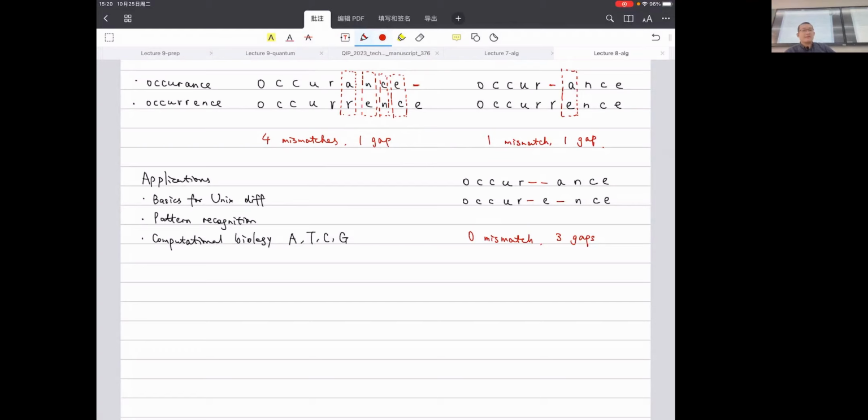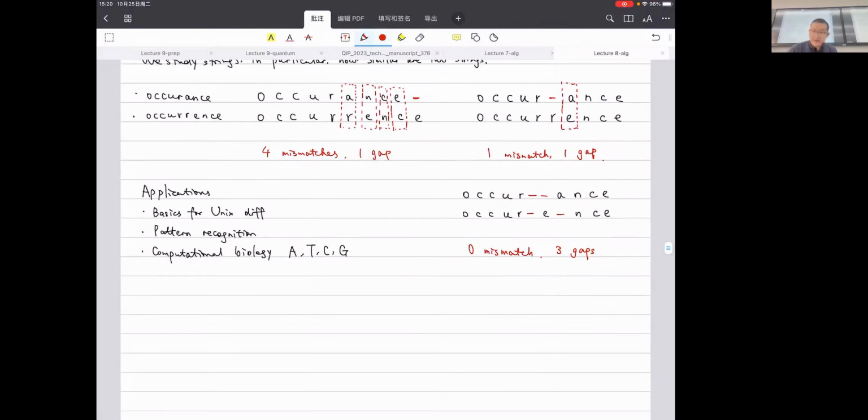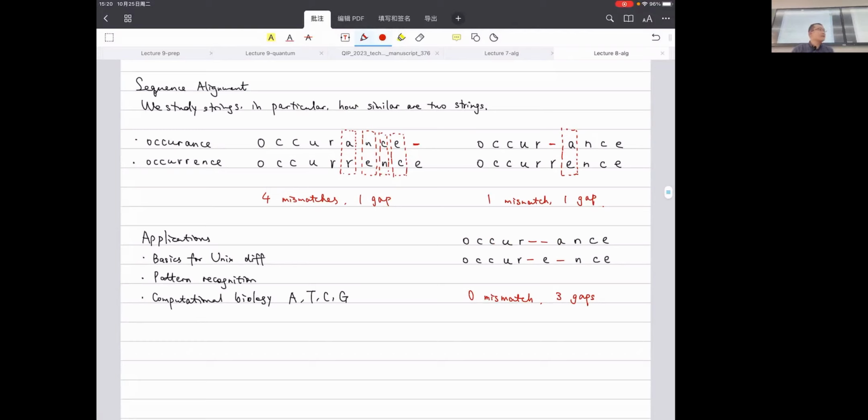For some applications, one mismatch and one gap is better than having zero mismatch and three gaps. But for some special cases, it's the other way around. So that is one reason we make this clear, that in examples we can have mismatches and gaps. Any questions about the general discussion here?